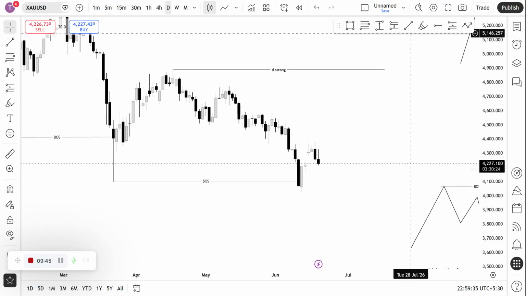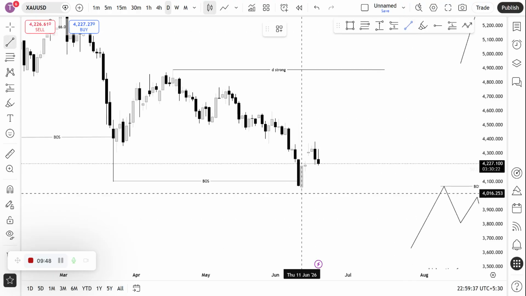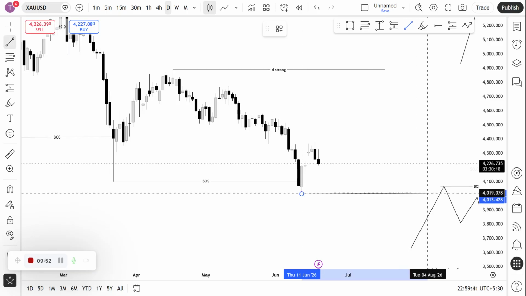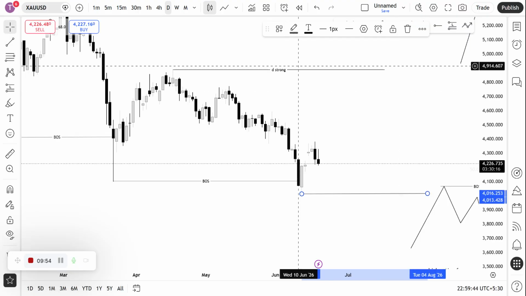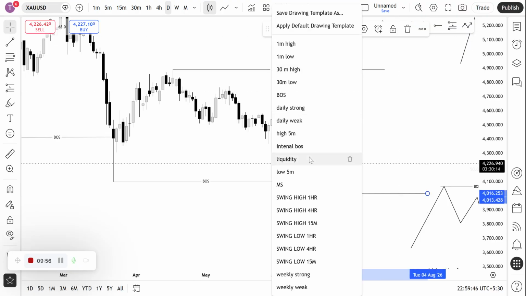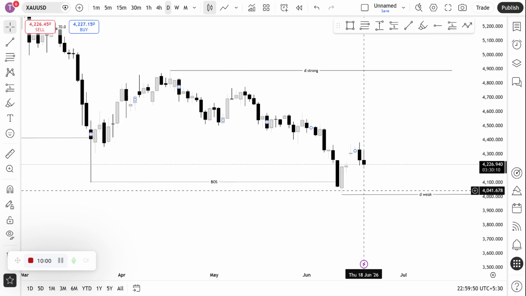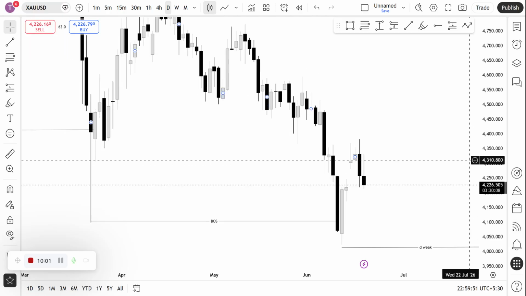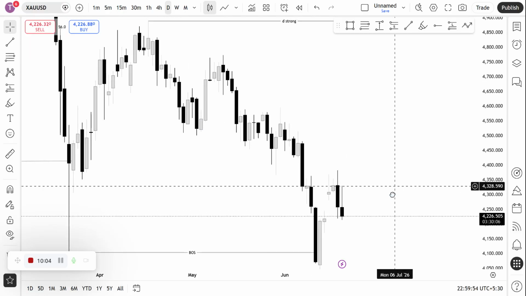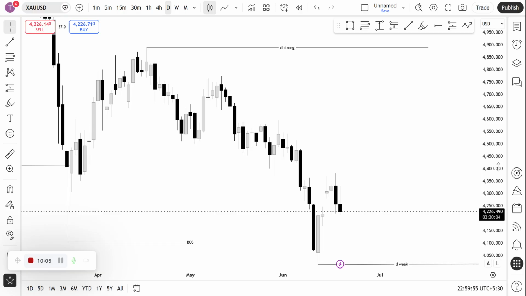Fine. And then what next? This is my daily low. Simple like this. This is my daily low, or daily weak. So right now I identify that this is the range that I'm trading on.